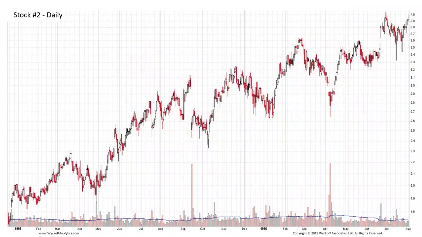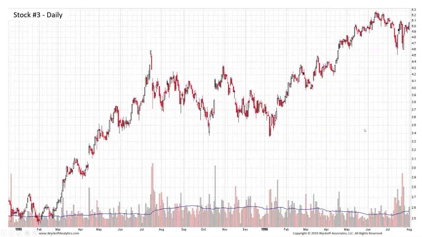But again, it's just that character with which there are so many spots where the stock is just being sold so aggressively, with so much volatility, that it is not as attractive. Maybe not as attractive as stock number 3. Let's go into the details for stock number 3.